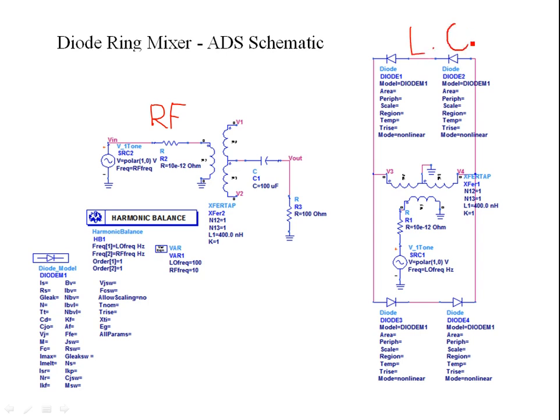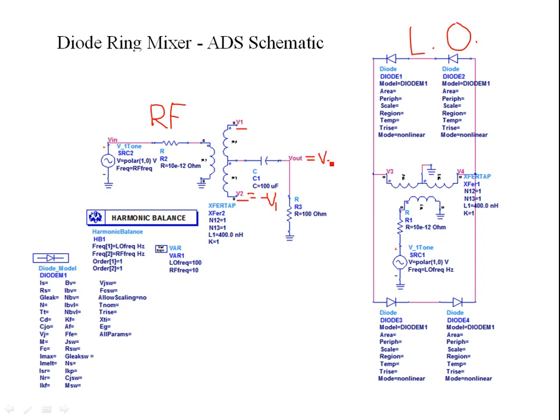What we have seen previously is that the node voltages V1 and V2 are phase inverted. So V2 is minus V1, and V out over here is a combination, or the return path, of both the V2 signal and the V1 signal.